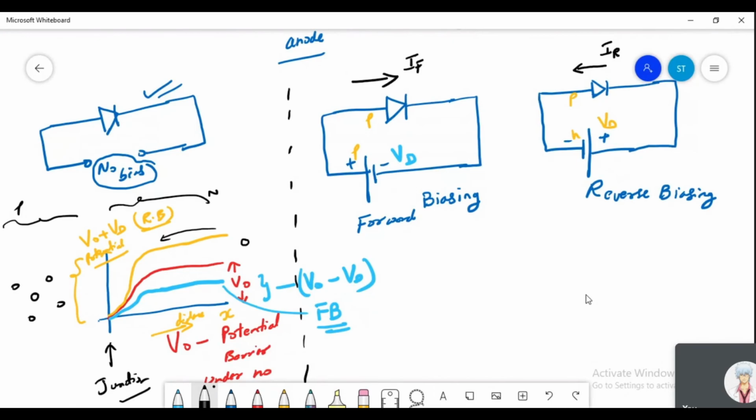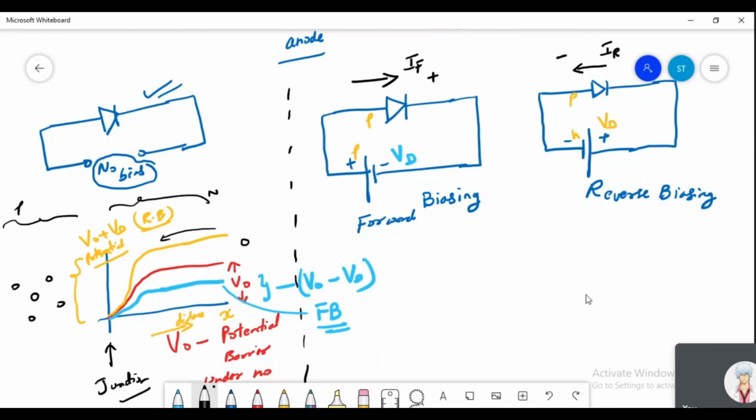Later on, we use a certain symbol: we treat the direction of the flow of the forward current as the positive direction, and the direction of the flow of the current during reverse bias as the negative direction.